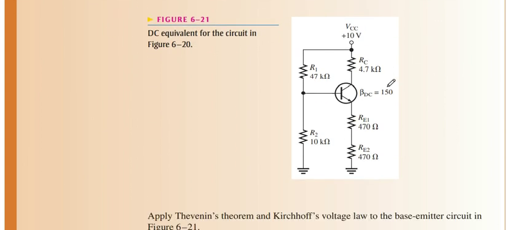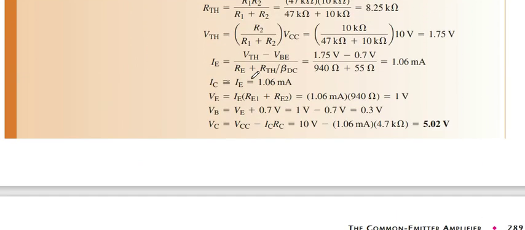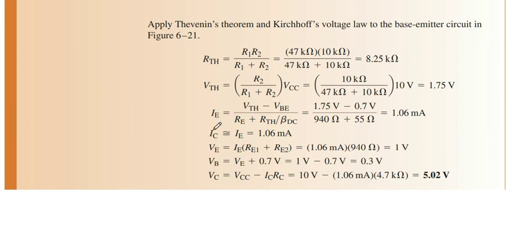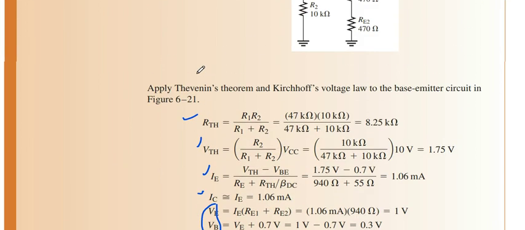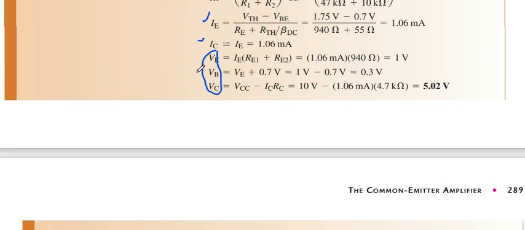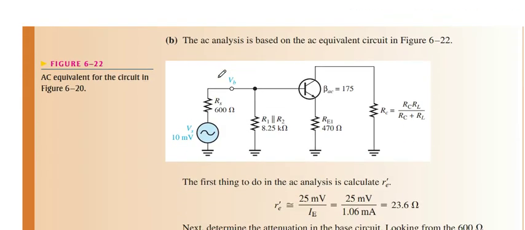First he discussed the DC analysis. There he calculates everything: RTH, VTH, IE, IC, IB, VE, VB, VC. Next, the AC signal.